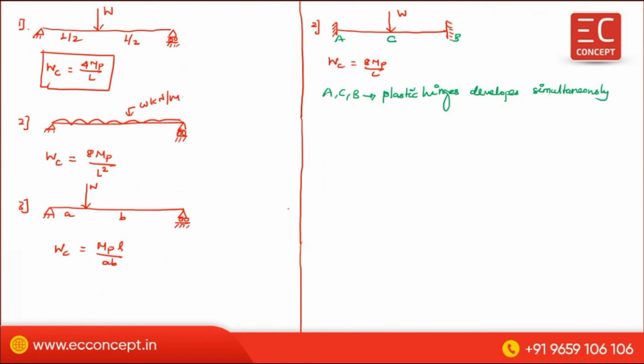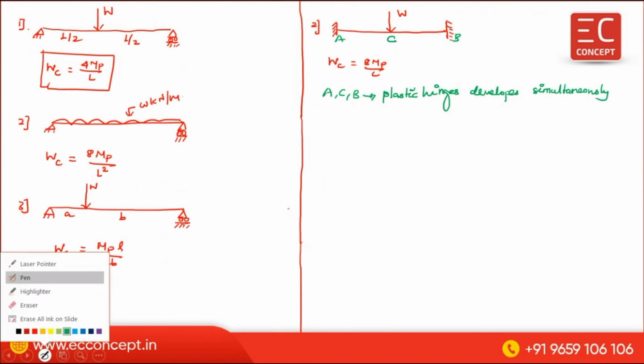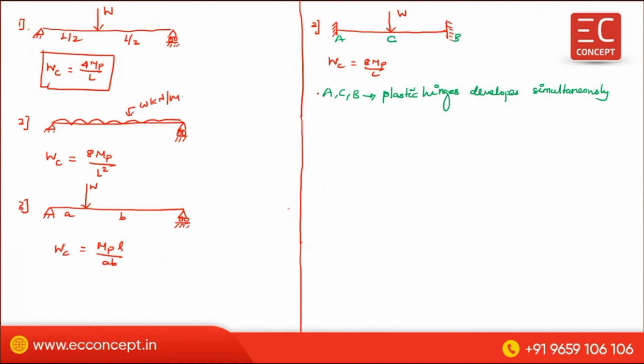That's about the fixed beam under a point load. So actually this is the fourth, right? And the fifth one is a UDL acting through the span, W kilonewton per running meter.